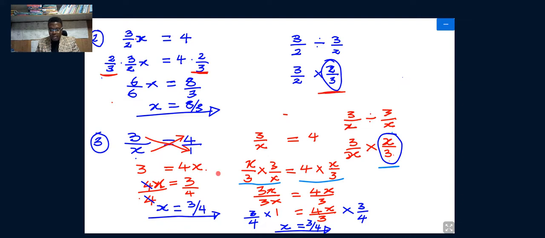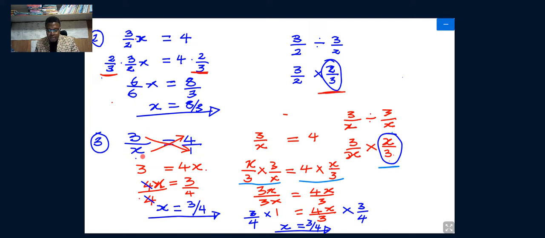There is another method here which looks simpler, faster. When you have your variable as a denominator and there's an equation and there's something else on the other side, maybe for instance here we have a constant, and we want to solve for this variable, you just do a cross multiplication.